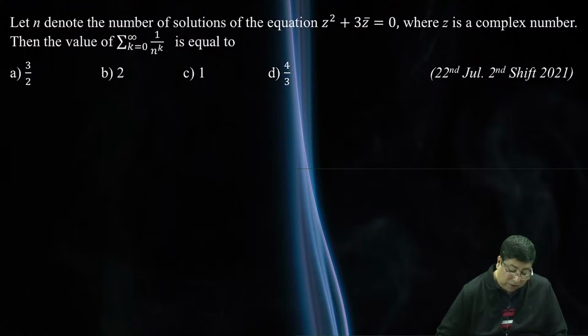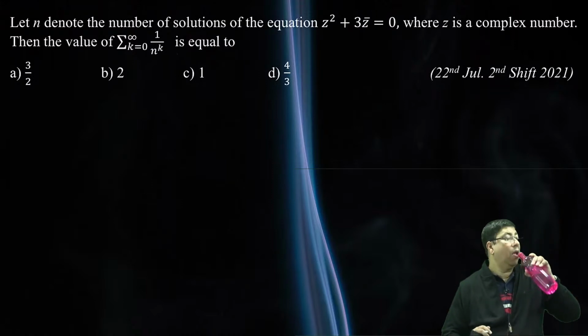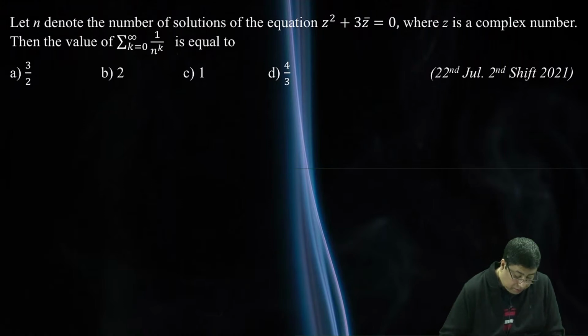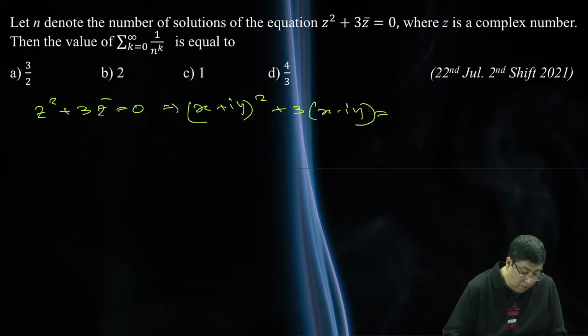Z equal to x plus iy, so z bar equal to x minus iy. Therefore, z square plus 3 z bar equal to 0, so x plus iy whole square plus 3 into x minus iy equal to 0.